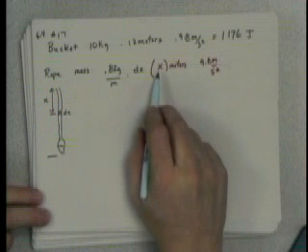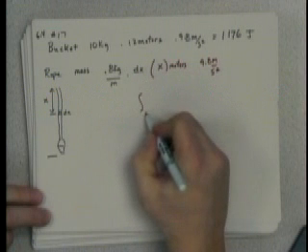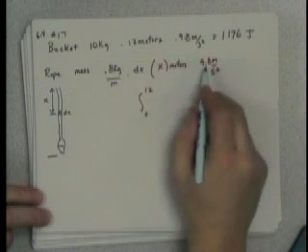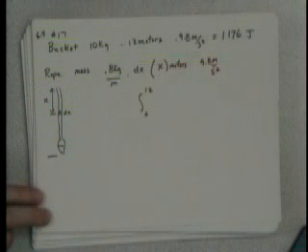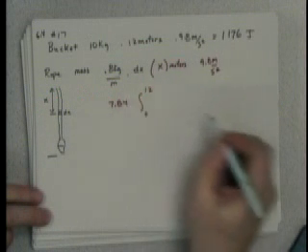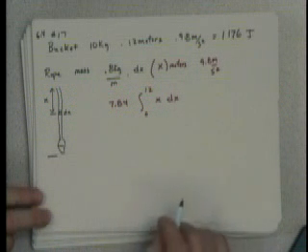But because my distance varies with respect to x, I have to write this as an integral, from 0 to 12, of 0.8 times 9.8, which gives 7.84 out front since it's a constant, times x dx.